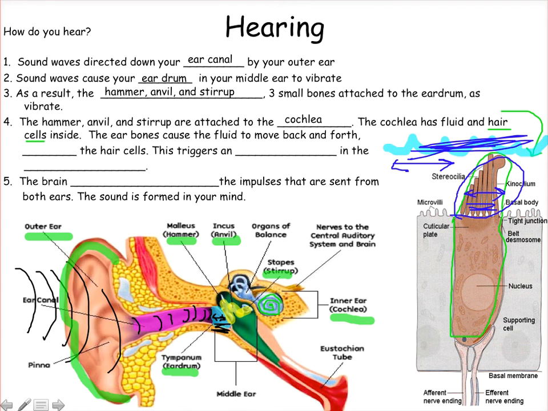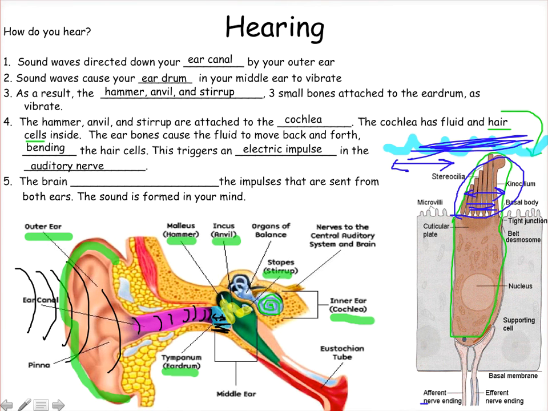At the rate at which the eardrum is vibrating, which will be the same as the rate at which the sound waves are coming in and hitting that eardrum. So as these hair cells move back and forth, the tops of the hair cells bend, and that is going to trigger an electric impulse in the specific nerve dedicated to hearing, which is called the auditory nerve.